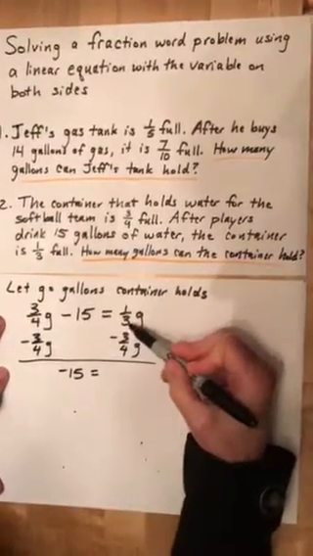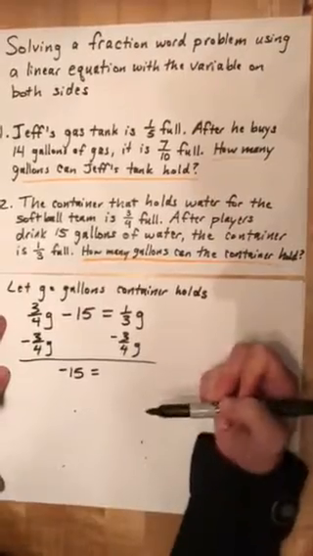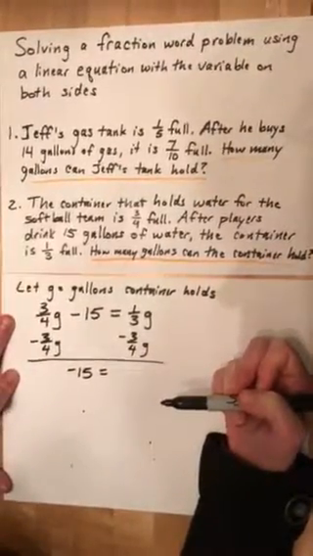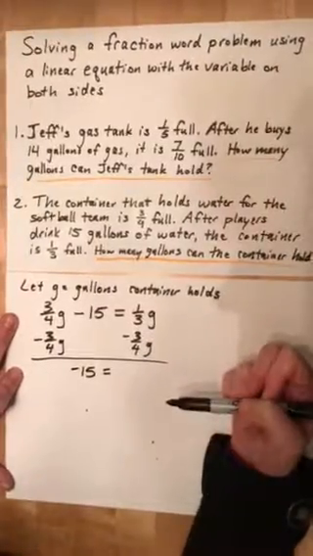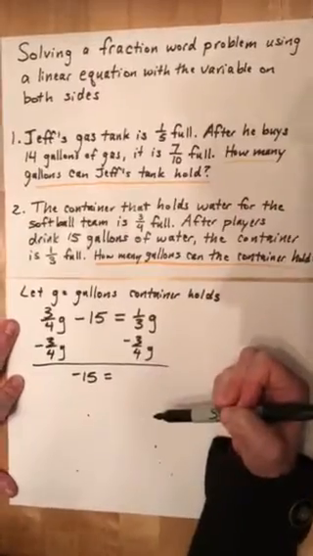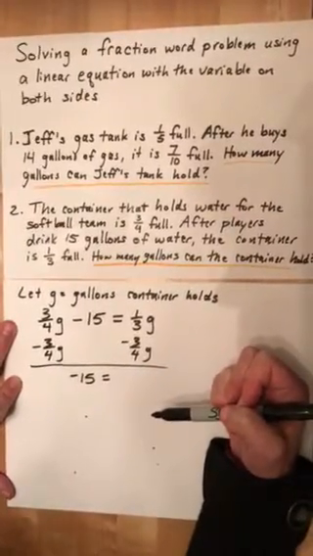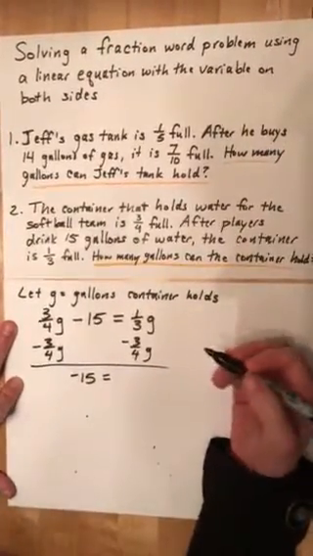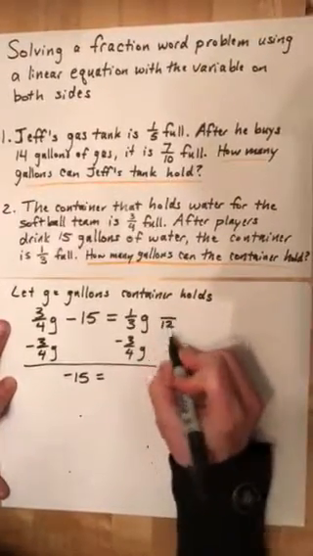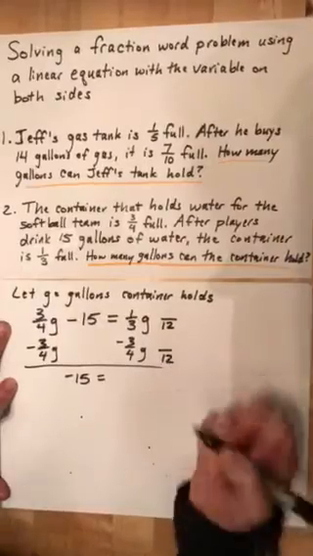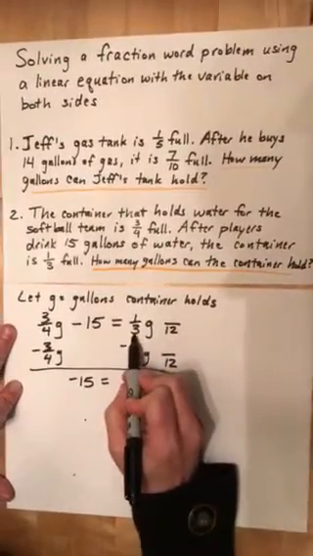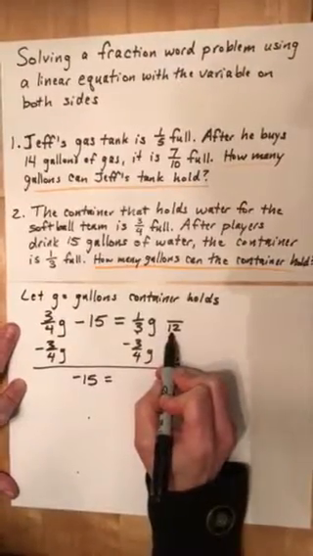On the right side, we have two different denominators, and we have to have common denominators before we can subtract those fractions. So 3 doesn't go into 4, so we're looking for some number that both 3 and 4 go into easily. And I can think of 12 would be a great common denominator for those. And so I want 12 to be my new denominator in each of these cases. And so 3 goes into 12 4 times.